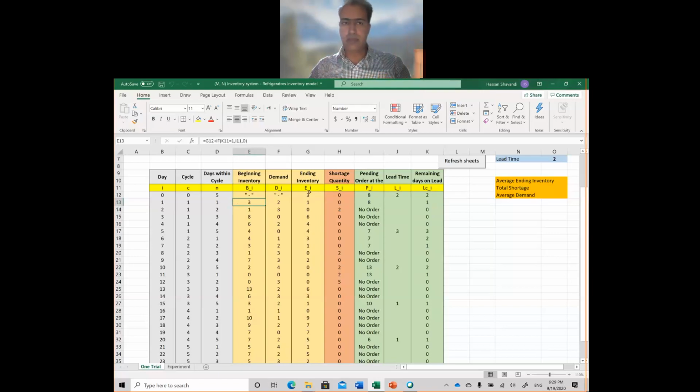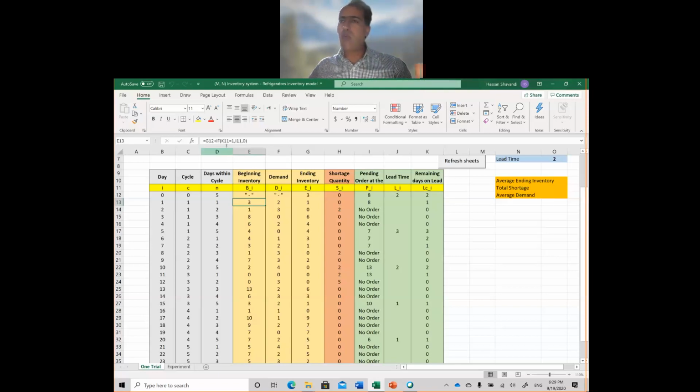So it's 3, plus K11, checking the remaining days on lead time 2 days ago. If you remember in the lecture notes, the formula for this quantity uses the lead time count of I minus 2 days ago. This is why here we have K11.